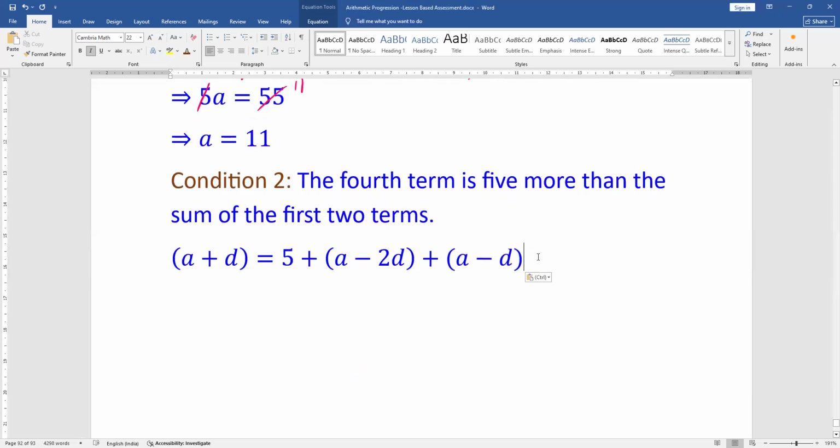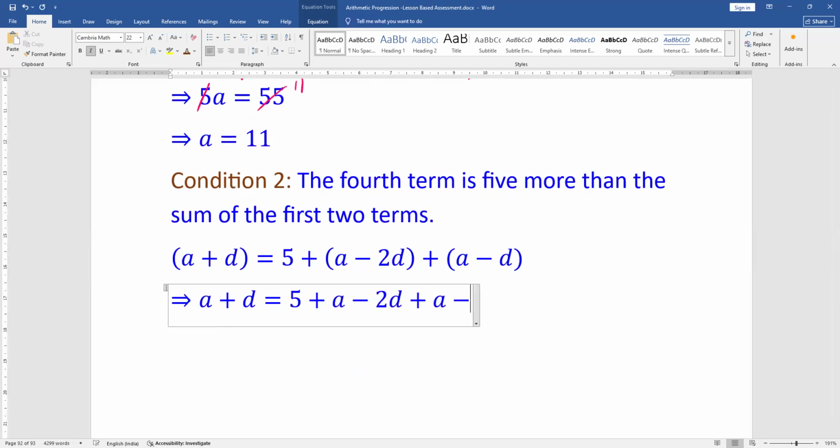Now in my next step, just open the bracket, it will be a plus d on the left hand side, equals 5 plus. Here also I open the bracket and write a minus 2d plus a minus d. In my next step, it will be a plus d on the left hand side.